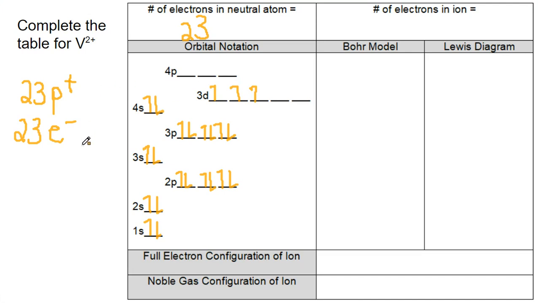This would be the orbital diagram for neutral vanadium. Our Bohr model. Okay, I noticed that there are electrons occupying the 1st, 2nd, 3rd, and 4th energy levels. So I need to draw 4 shells, because there's electrons occupying up to the 4th energy level.